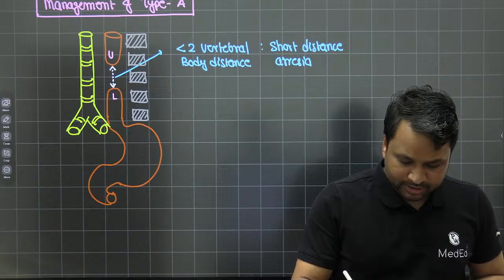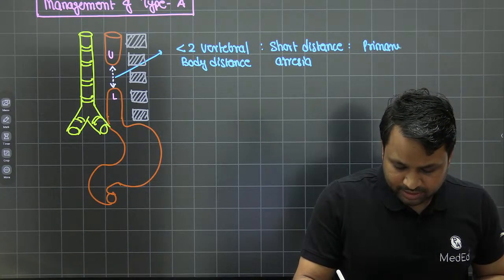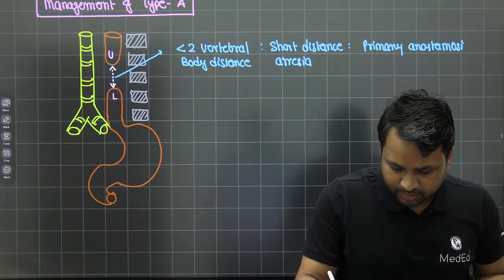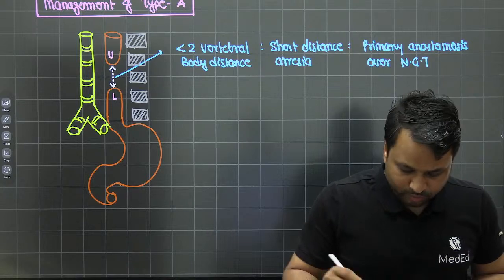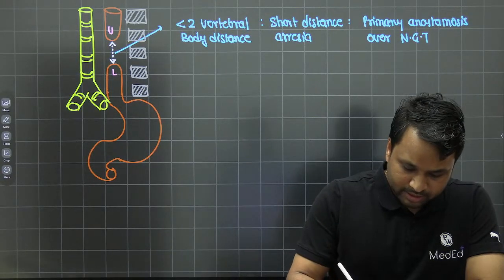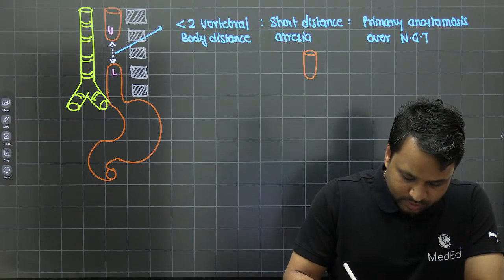For a short distance atresia, I am going to go ahead with a primary anastomosis over a nasogastric tube. To do a primary anastomosis over the nasogastric tube, this was the atretic segment that we had, going to be here.